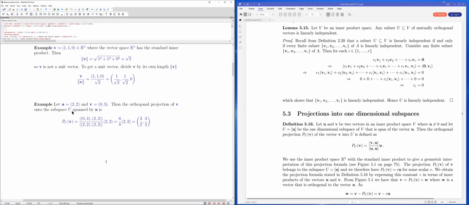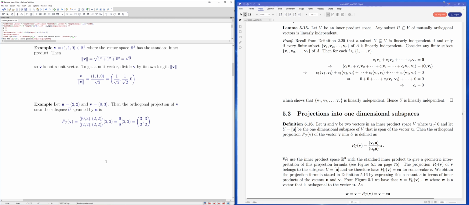Vector v is (0, 3), vector u is (2, 2), and then to calculate the projection I use this formula here. I take the inner product of v with u, dividing by the inner product of u with itself, so (2, 2) with (2, 2). And then the scalar over here, I multiply against the vector u.